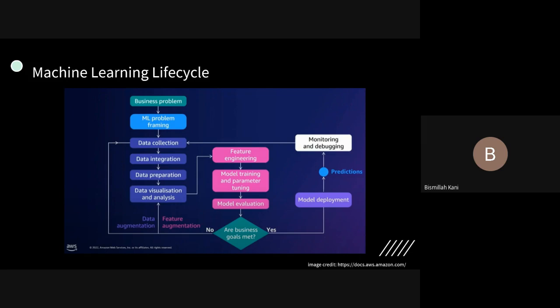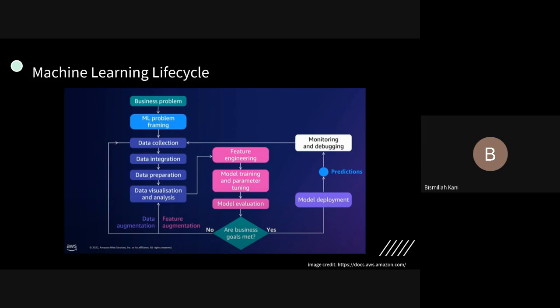Once you determine that machine learning is a good fit, you frame the business problem into a machine learning problem and kick off your machine learning project. Once the project is kicked off, you assemble a team of data scientists, ML engineers, data engineers, and so on and so forth.